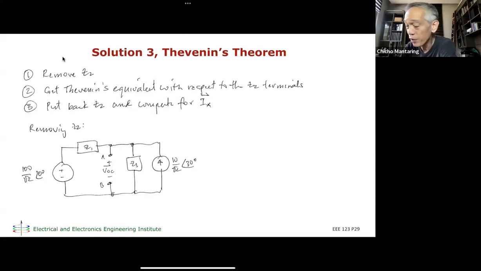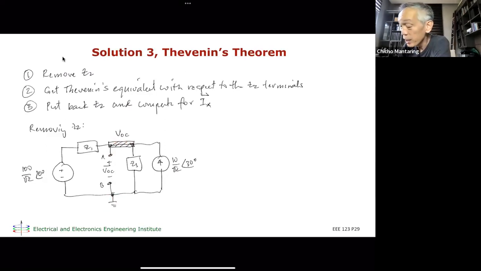Actually, there are so many ways of solving this. For example, I could have converted this to a current source, combined the current sources, then combined the impedances, and then gotten the open circuit voltage. So there are really many ways. But anyway, if I make this my ground, this is also equal to VOC, because this voltage is equal to the node voltage here with respect to my ground.